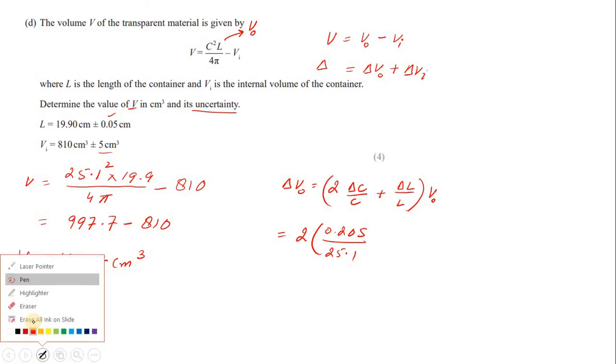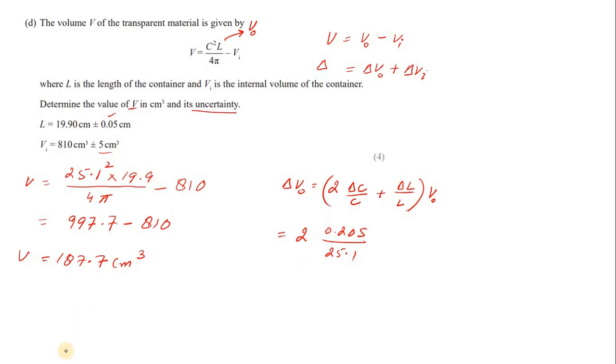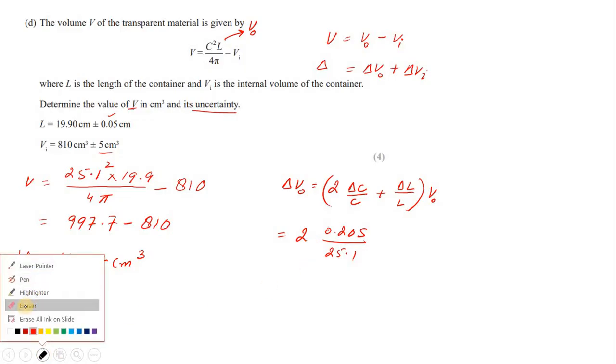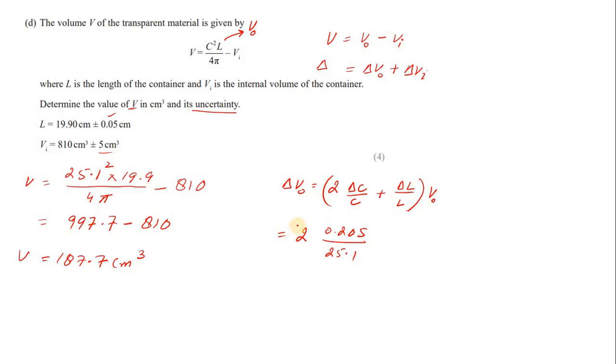I just used a wrong bracket. This bracket must be here. So this 2 is multiplied with only delta C by C, not delta L. Plus delta L is 0.05 divided by 19.9, into VO, and VO is the volume of only the outer volume, and the outer volume we found 997.7.